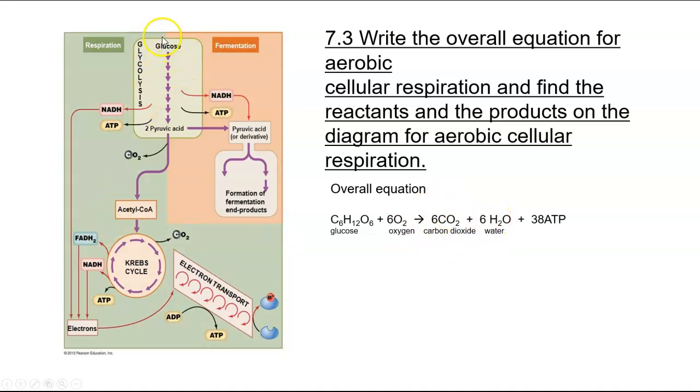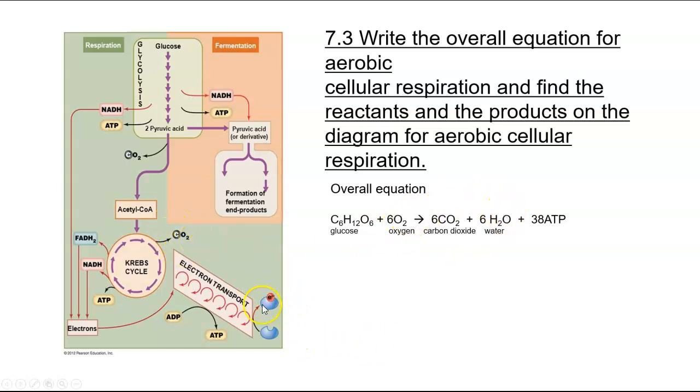Here's the glucose at the beginning of the pathway. So this is one big long metabolic pathway. All these arrows represent enzymes. So we have glucose. The oxygen on your picture is right here, so you can label that O2. If you look in here, there's some carbon dioxide coming out, and some more carbon dioxide coming out.